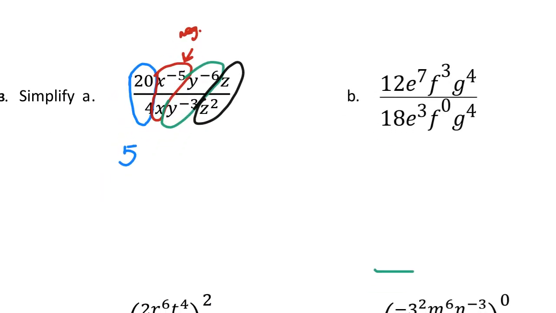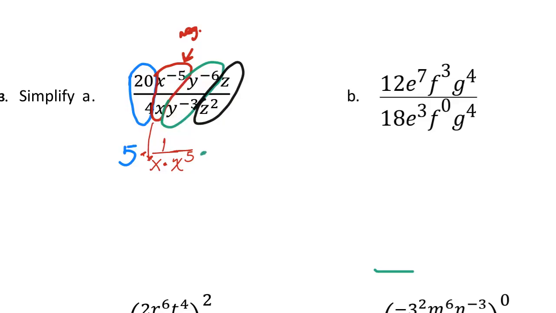So you need to move that to the bottom, and this is going to become 1 over your original x, times x to the positive fifth. So we talked about bunk beds. If you have a negative exponent, you do not like being at the top bunk bed that you are in. So you move down to the bottom bunk bed, okay? And we will simplify that in a bit.